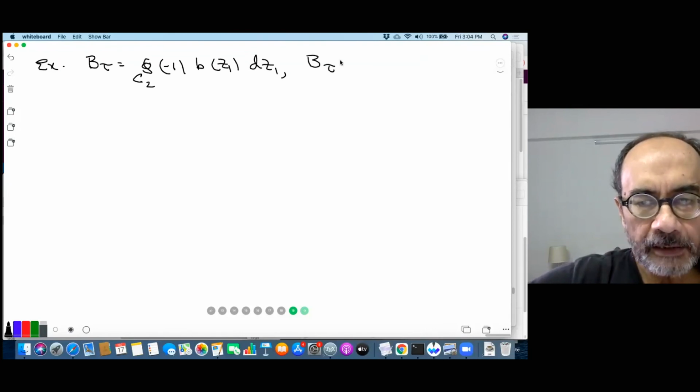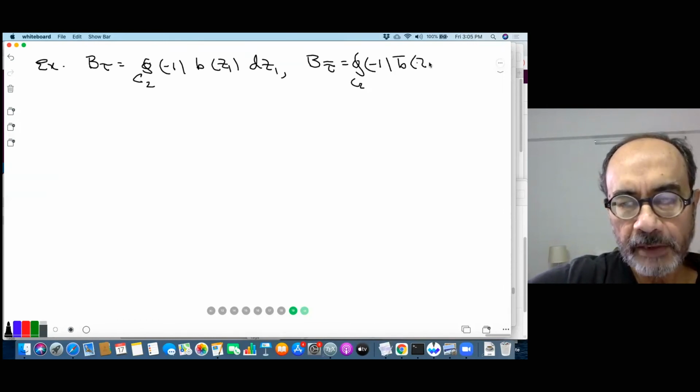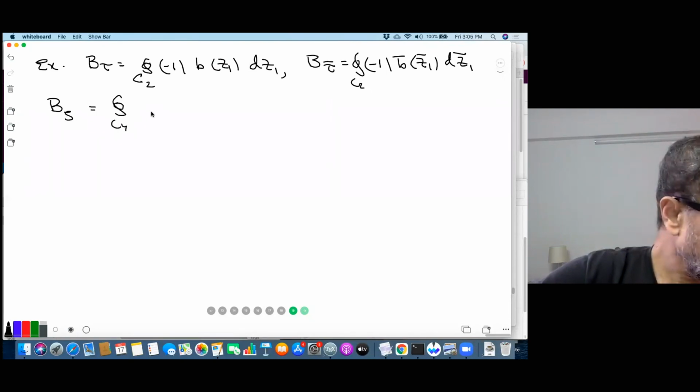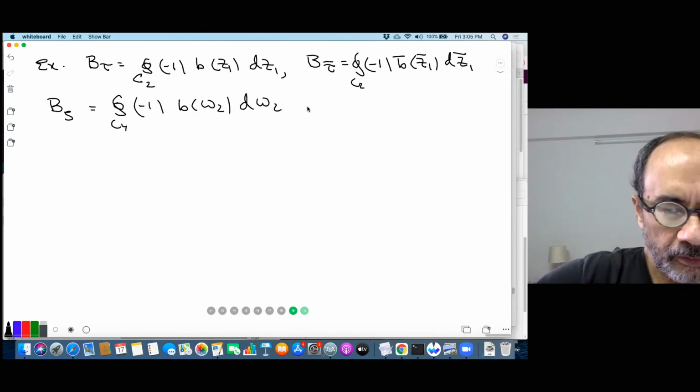B tau bar is integral over C2 minus 1 B bar of Z1 bar dZ1 bar. B zeta will be integral over C4 minus 1 B of W2 dW2, and B zeta bar similarly.